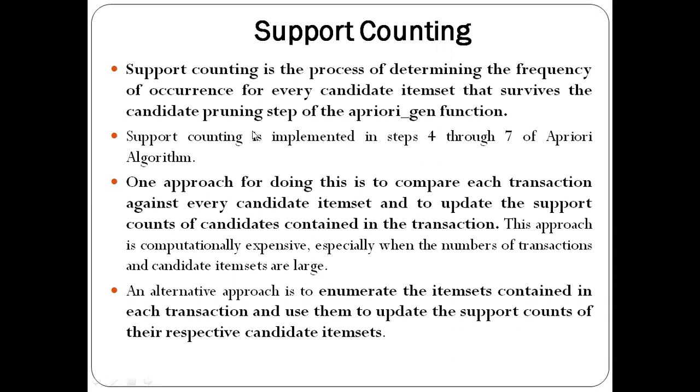In the Apriori algorithm, steps 4 to 7 specify the support counting process. I already explained the Apriori algorithm in the previous class. One method we followed for support counting, in order to find the frequency of occurrences, was to compare the transaction with the candidate item set.